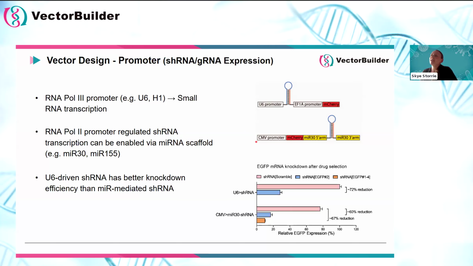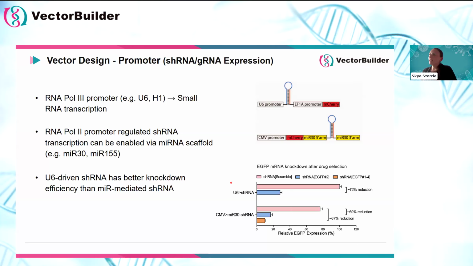The main advantage of this is that you can include whichever promoter you want upstream to drive expression of the shRNA. And like we just talked about, this means you could maybe use an inducible promoter, or even a tissue-specific promoter. Additionally, MIR30 is great because if you want to express multiple shRNAs, you can do that as well.